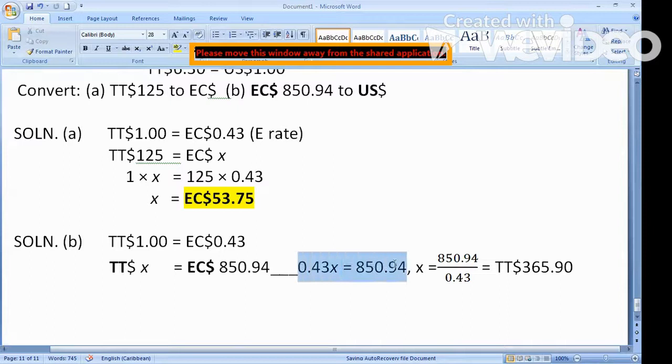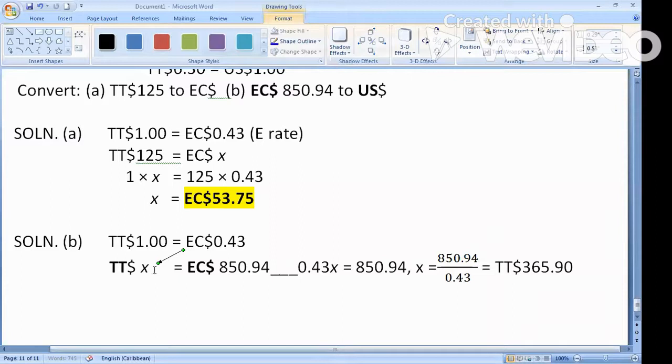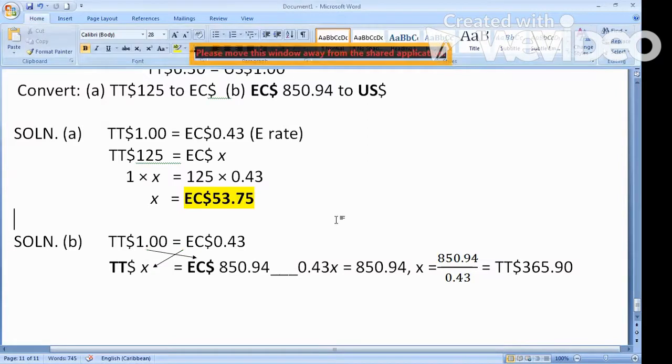This part? I'm cross multiplying 0.43 times X, and then I'm multiplying 1 times EC. So 0.43x gives you 0.43x, and 1 times 850 gives you back the same thing. And then I'm going to divide everything by 0.43.